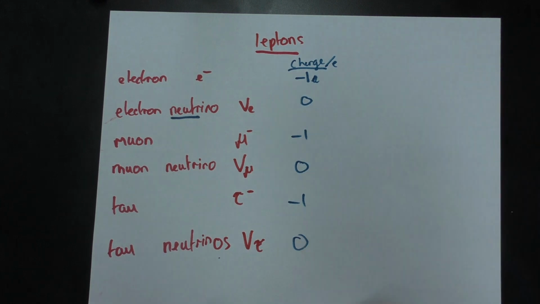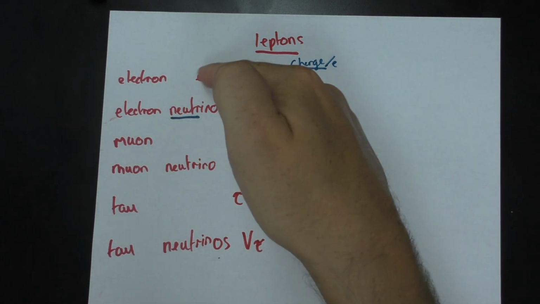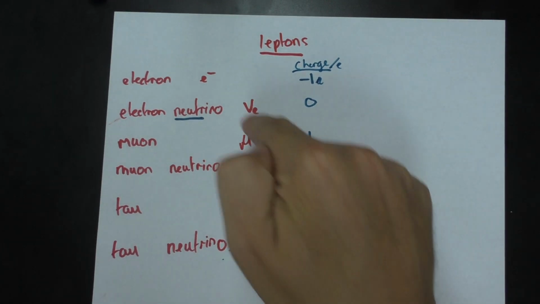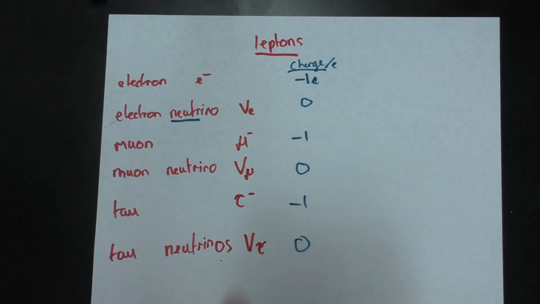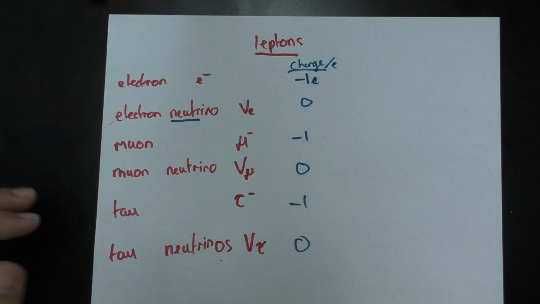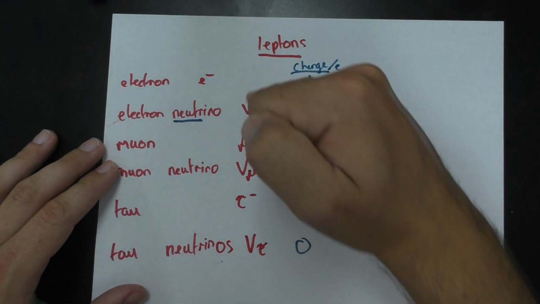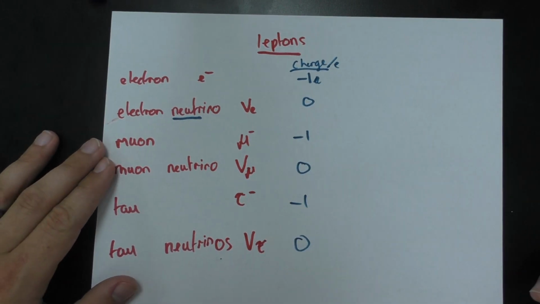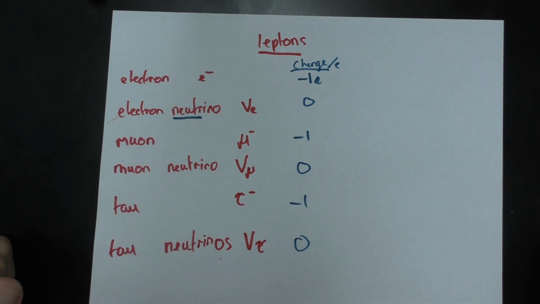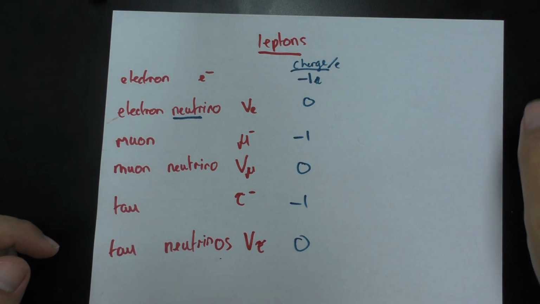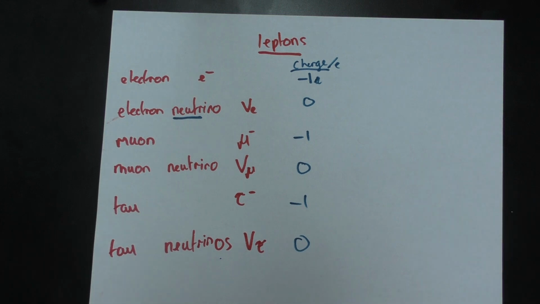Now, nicely, the particle that you see there indicates the charge. If you see a minus above it, it means it's negatively charged by 1. If it's got a plus in front of it, it's positively charged by 1. So it does make sense for the most part, and these neutrinos have no charge values associated with them, so they are neutral.